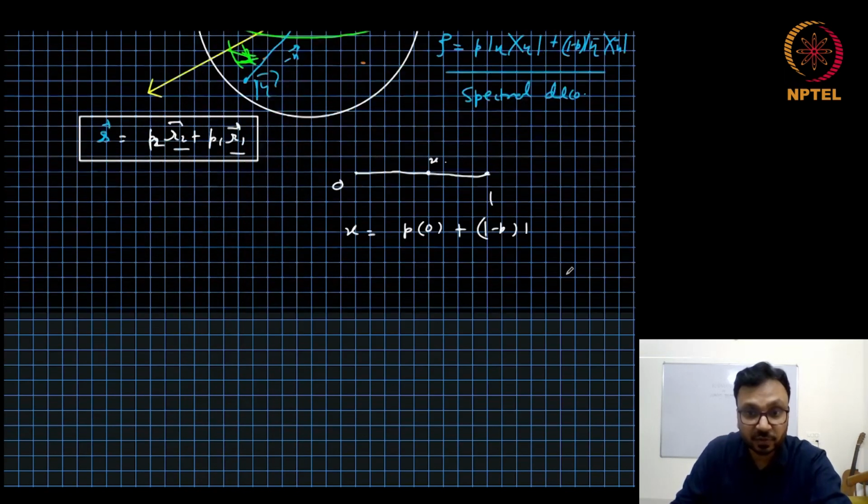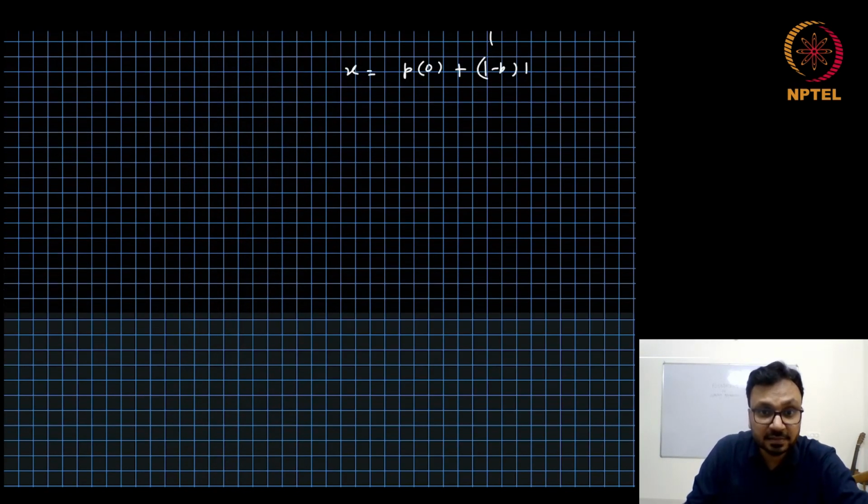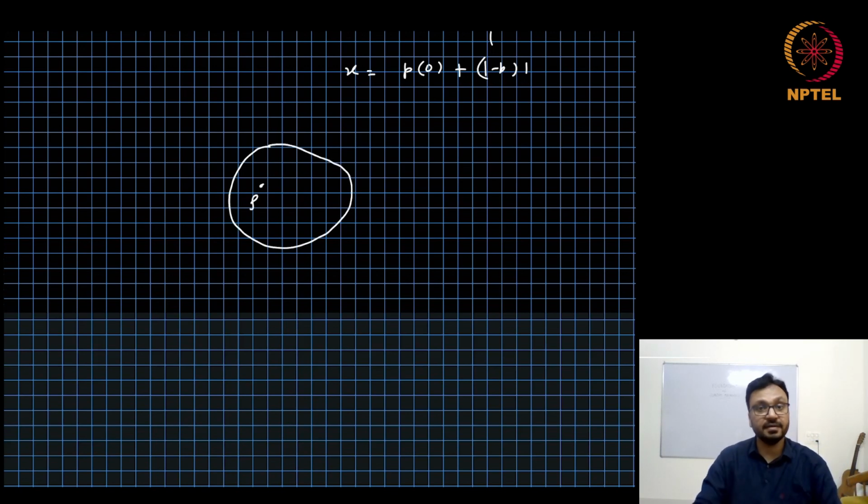Let me draw it here. We have a smaller circle, it will not be a radius one circle, and the density matrix rho will be somewhere in this. So now we can find a triangle in this such that rho lies in this triangle.